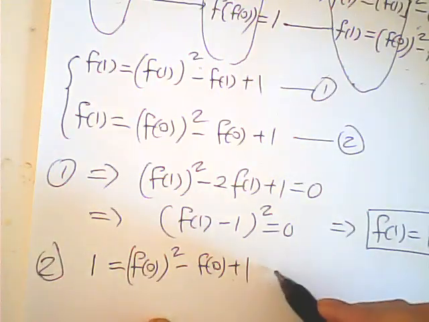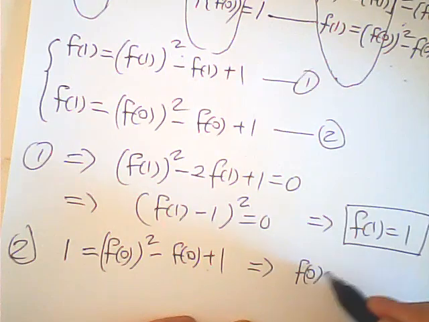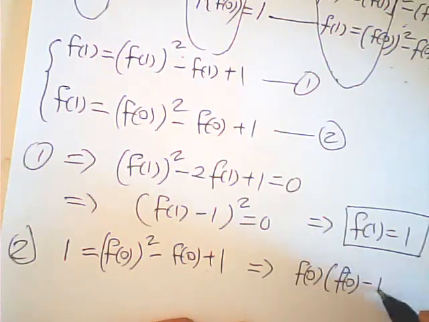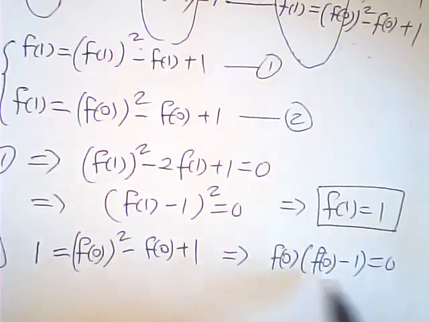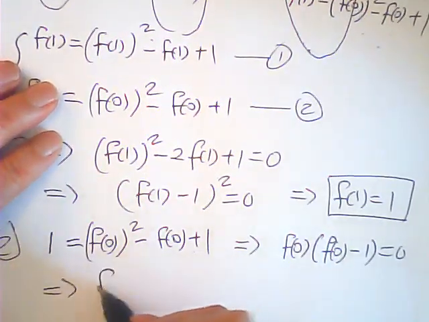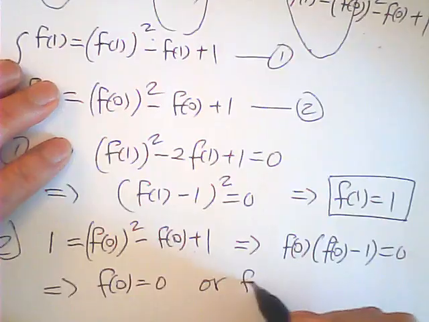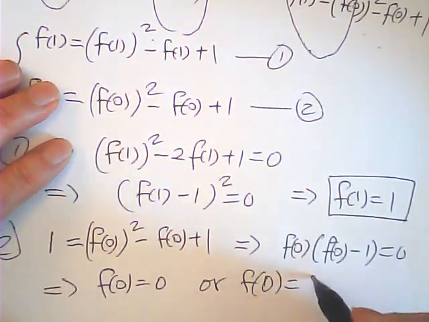The 1 cancels out, so it becomes f(f(0)) times (f(f(0)) minus 1) equal to 0, right? Because the 1 cancels out. So we have two solutions: f(f(0)) equal to 0, or f(f(0)) is equal to 1.